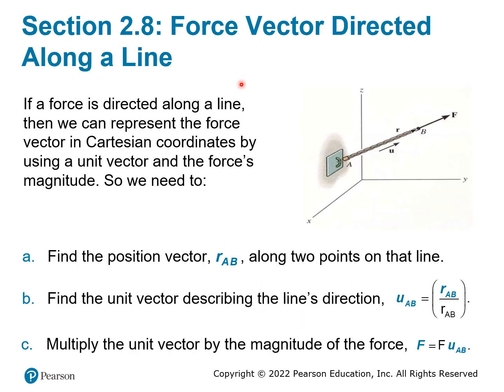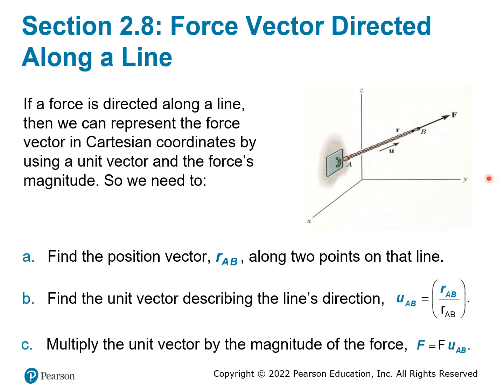Now, once you are able to find the position vector, the next thing we want to do is, if my force is along the line between these 2 points, how can we represent the force direction as a vector?